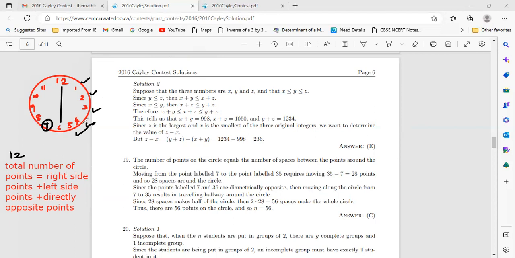The right side. You're also going to have that one. And on the other side, you do have 1, 2, 3, 4, 5 points, right? This is for the left side. And you have directly opposite points, 2 points. So if you add all of them, you're going to have 5 plus 5 plus 2.